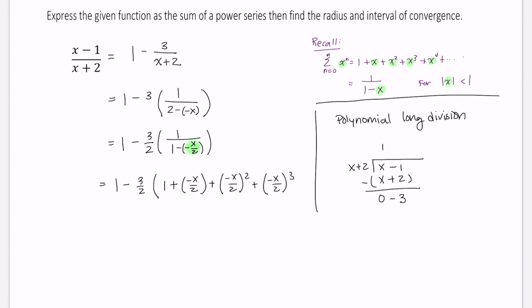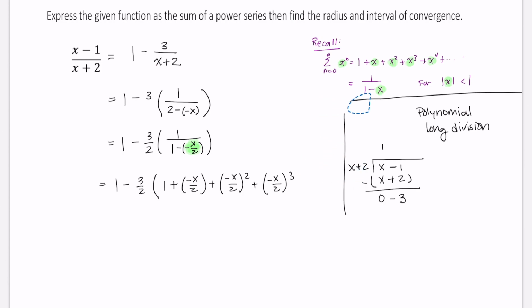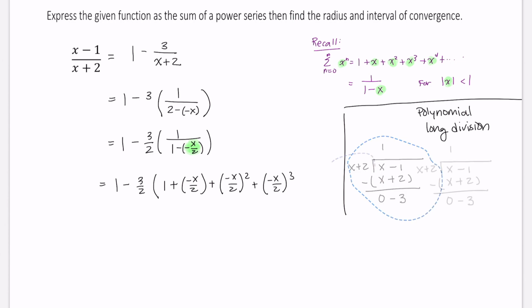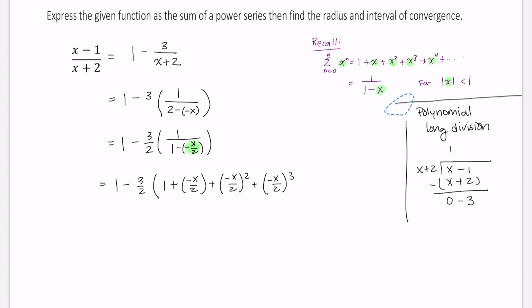Ooh, I'm running out of space here, so I'm going to have to scooch this one more time. Those of you writing on paper, do your best to squeeze your work in as you can. There we are. Plus negative x over 2 to the 4th power, and I'll stop here.